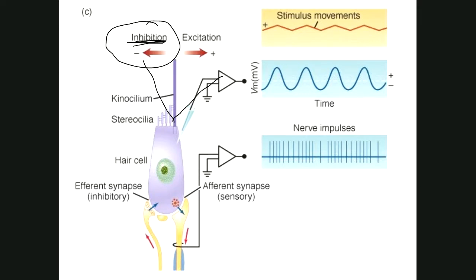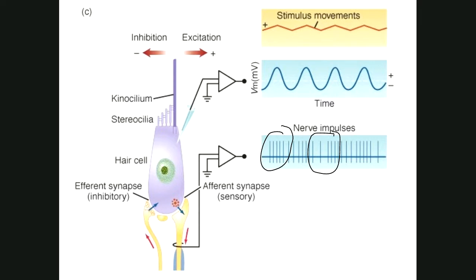But if we bend it this way, we get excitation. And so look what happens over here. So here are the nerve impulses depending on which way you bend it. You can either speed up the number of nerve impulses or slow down the nerve impulses. You can excite or you can inhibit.